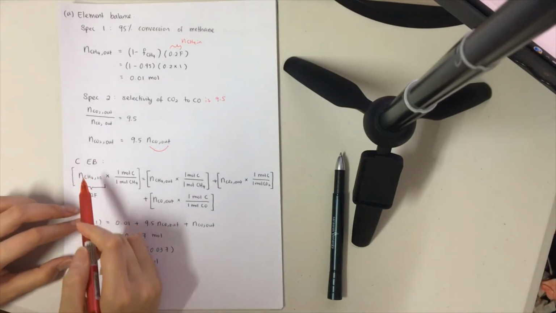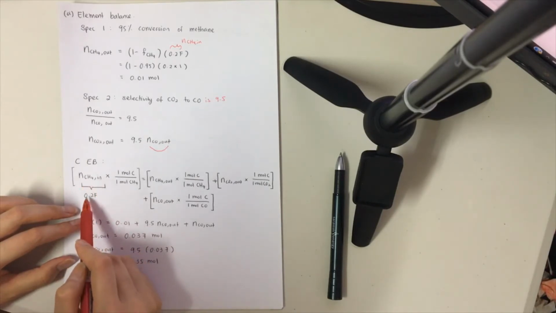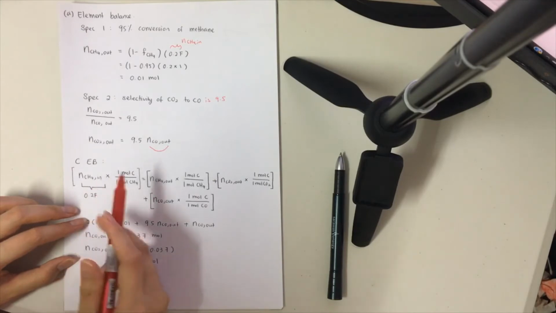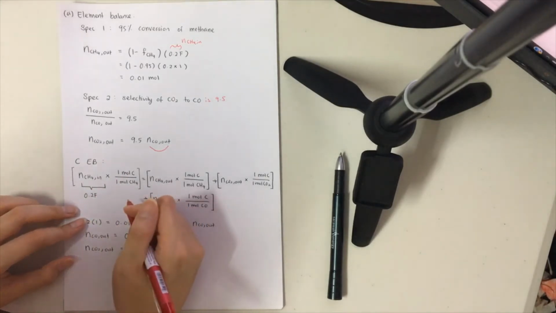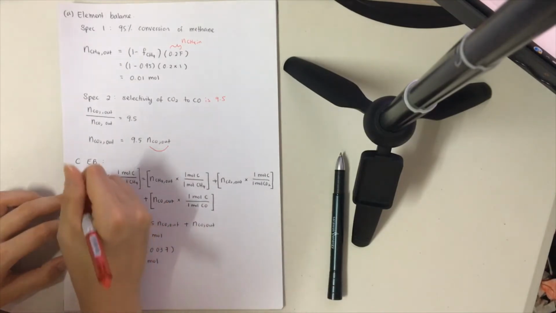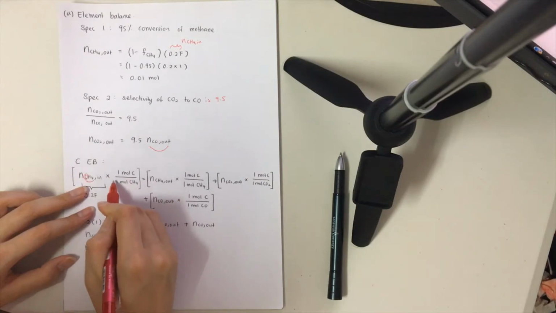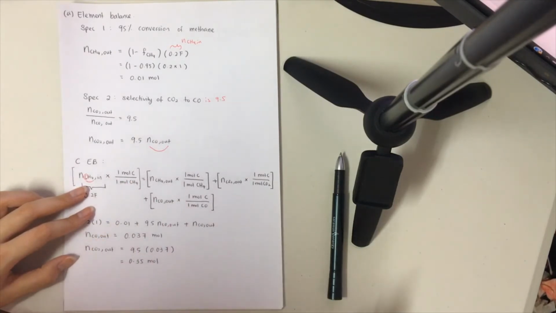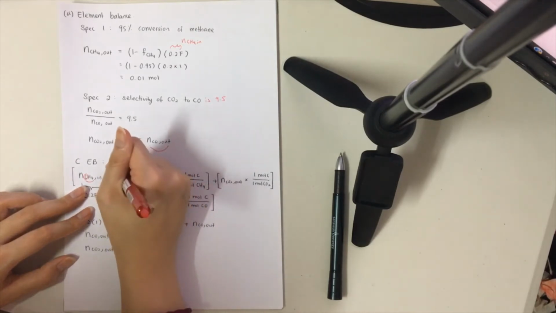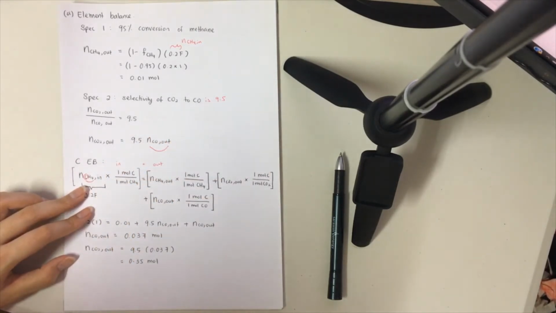So C is found in the feed, in CH4, the number of moles of CH4 going in. So same again. In 1 mole of CH4, there is only 1 C. So you multiply by 1 mole of C over 1 mole of CH4. In equals to out. Very simple.